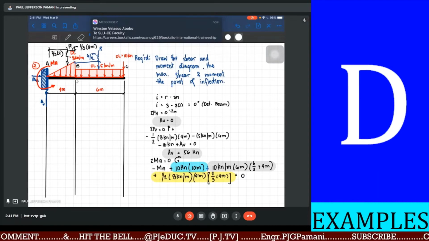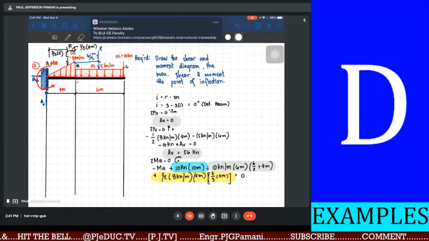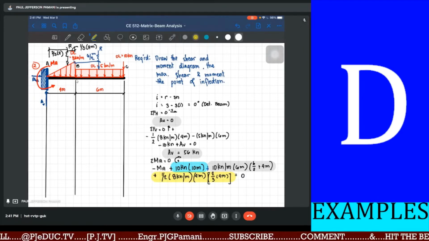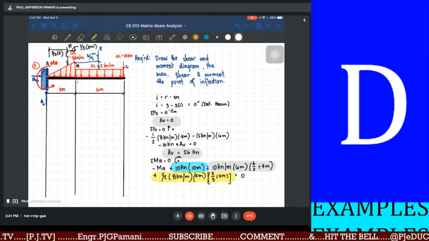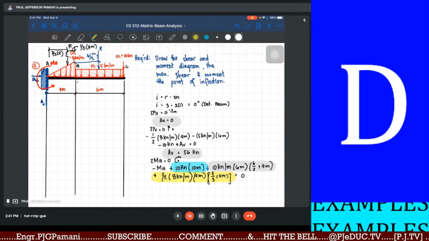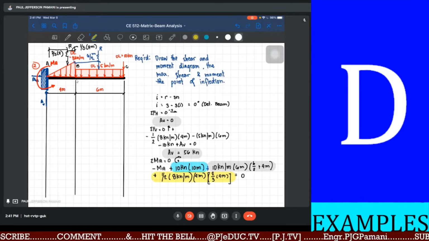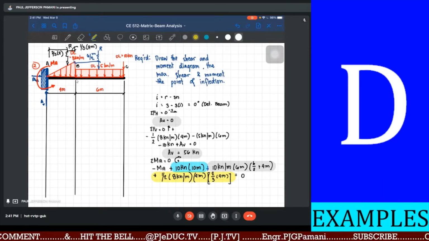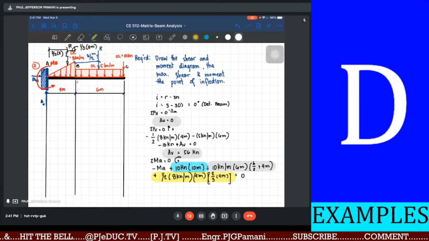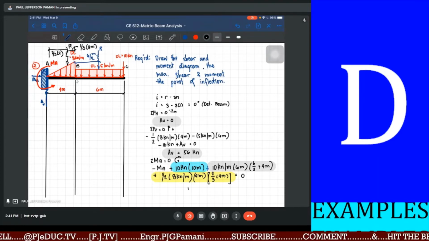Okay? Tama na ba? 10 times 10, 6, 7, 1 half of 8, 4, 2/3, 4. Gives us 562.67, transpose to the other side, negative, divide both sides by -1, gives us positive moment.